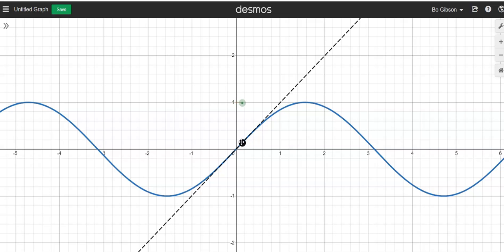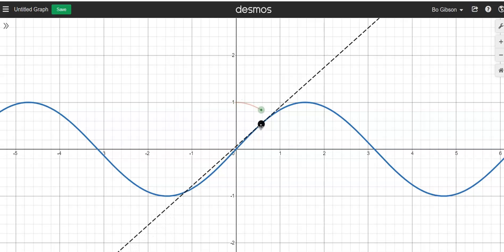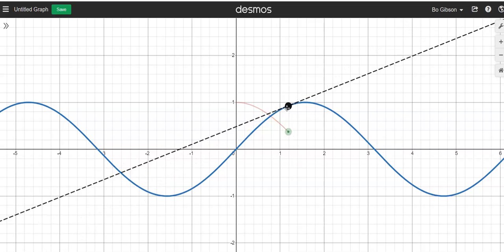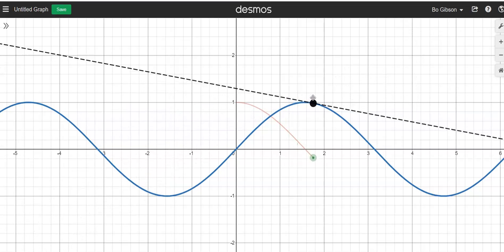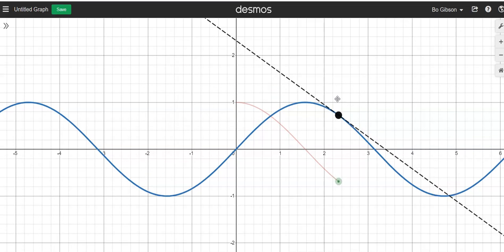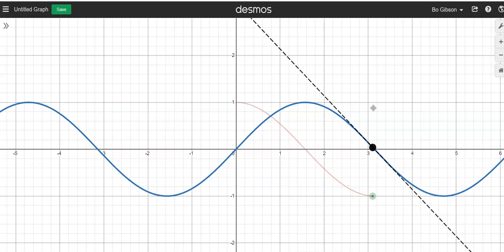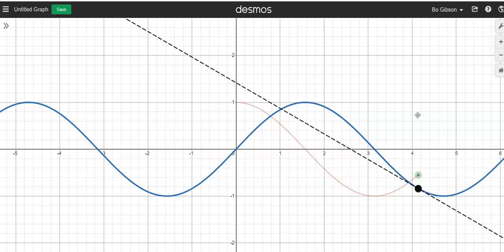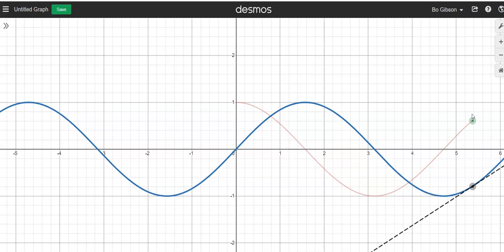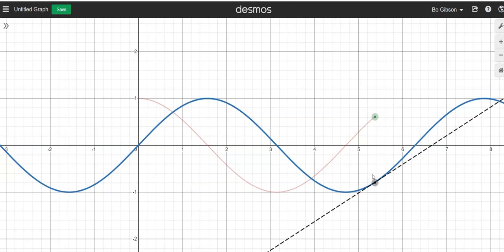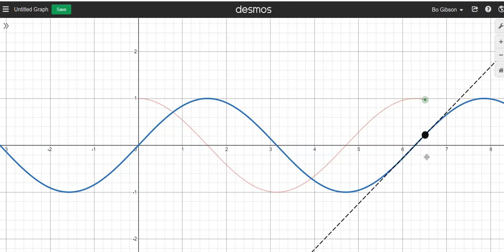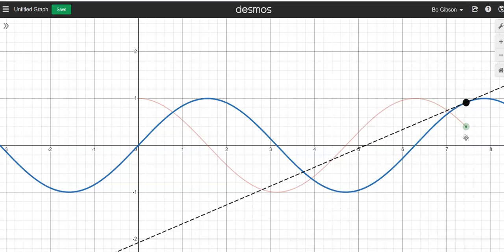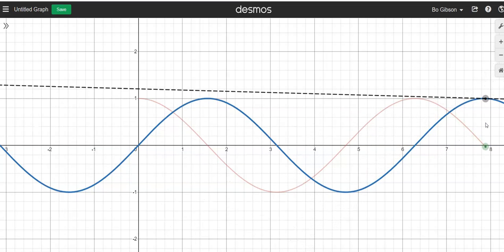I'm tracing the sine function, and notice these tangent lines are giving our derivatives. And notice that faint red graph, that is definitely a cosine function. So if I trace the sine function and I just record my derivatives, I get exactly the cosine function.